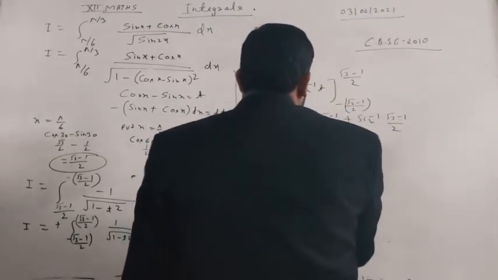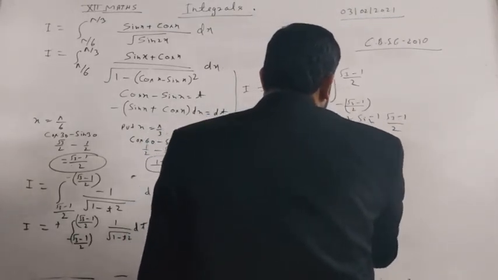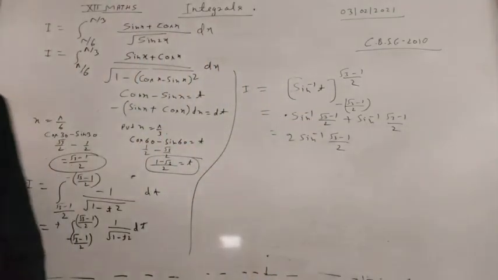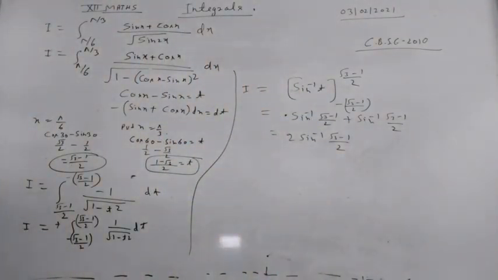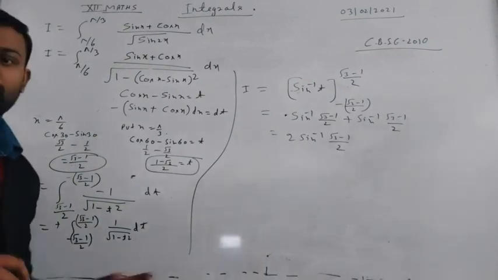So this is 2 sine inverse (root 3 minus 1) by 2 plus c. Okay, so this will be our required result.